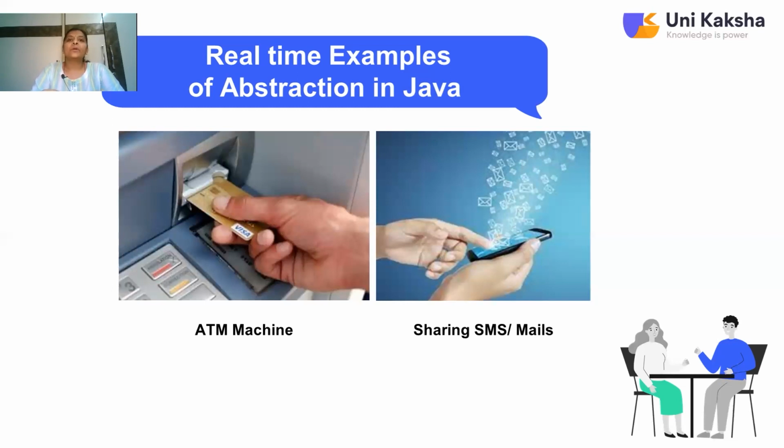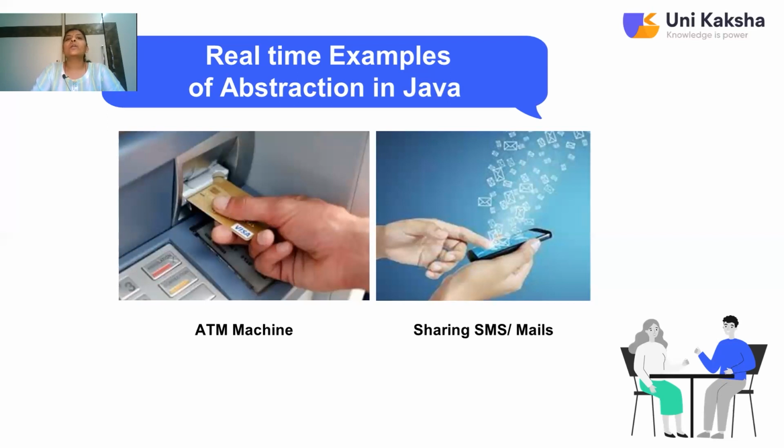Here also it is the same thing: we are not going to bother about the internal process of SMS or email transmission. We are not bothered about what kind of protocols are involved in the complete transmission and how the data gets transmitted to the destination.